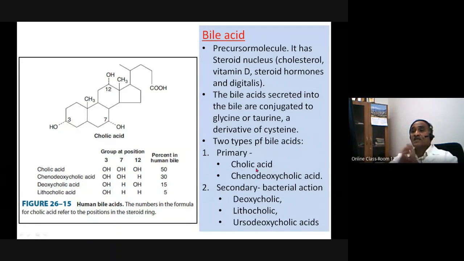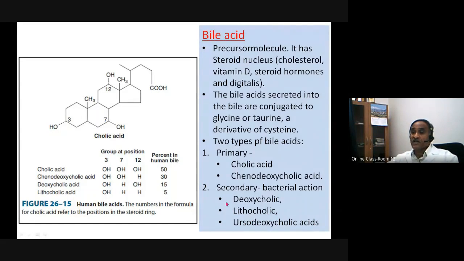The remaining part are secondary, because they form in the intestine and in the terminal part of the intestinal segment. By bacterial action, they get converted into deoxycholic acid, lithocholic acid in the colon, or ursodeoxycholic acid.